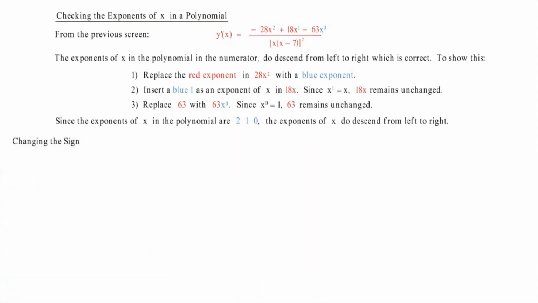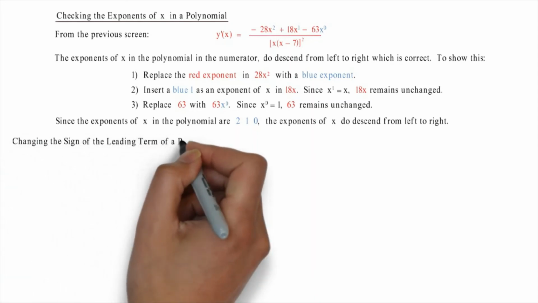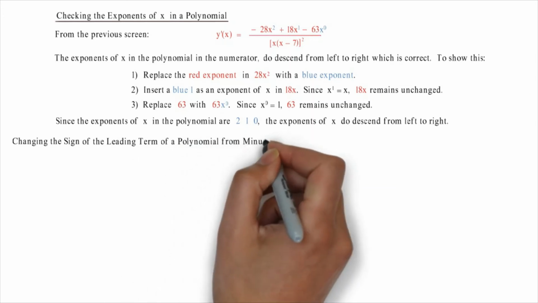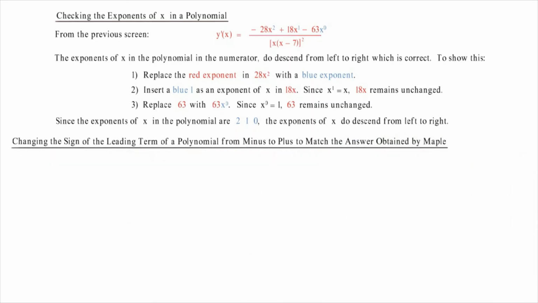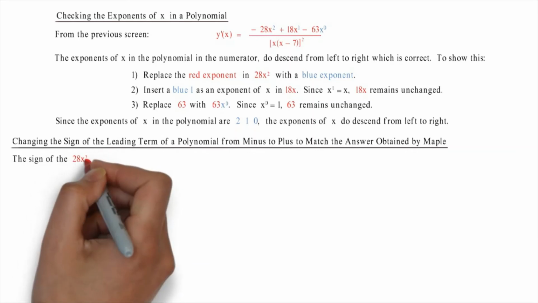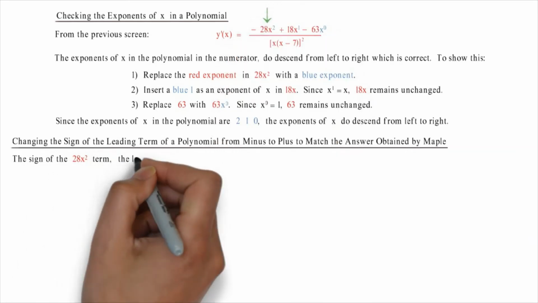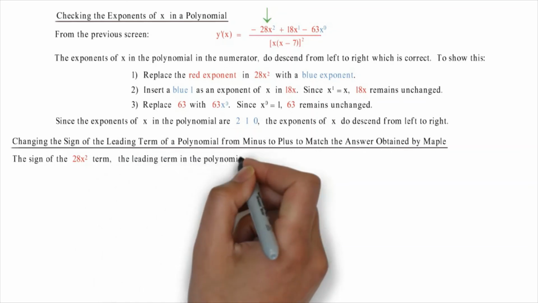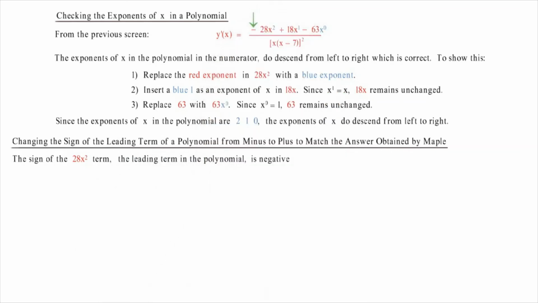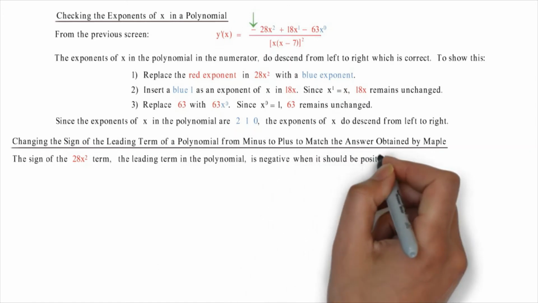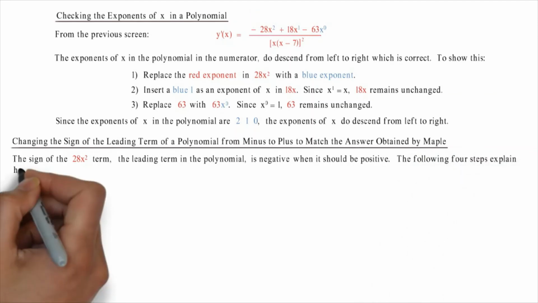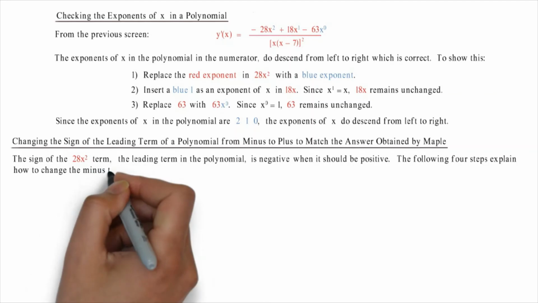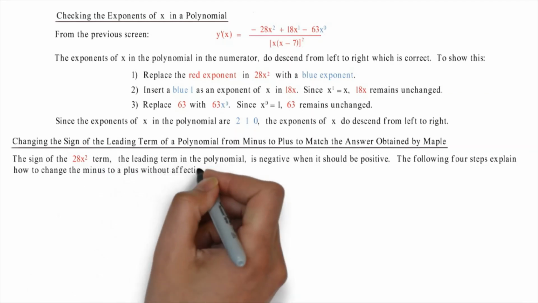Changing the sign of the leading term of a polynomial from minus to plus to match the answer obtained by Maple. The sign of the 28x squared term, the leading term in the polynomial, is negative when it should be positive. The following 4 steps explain how to change the minus to a plus without affecting the value of the derivative.